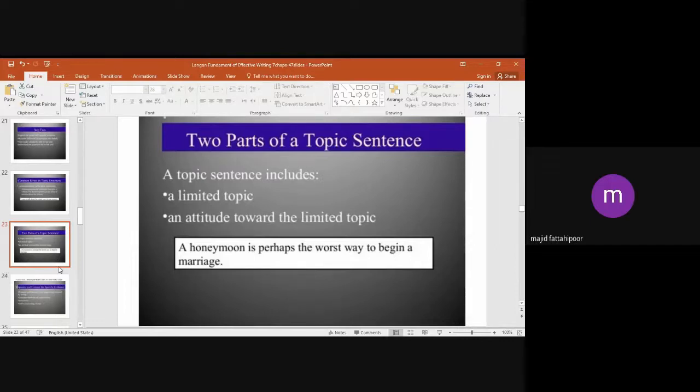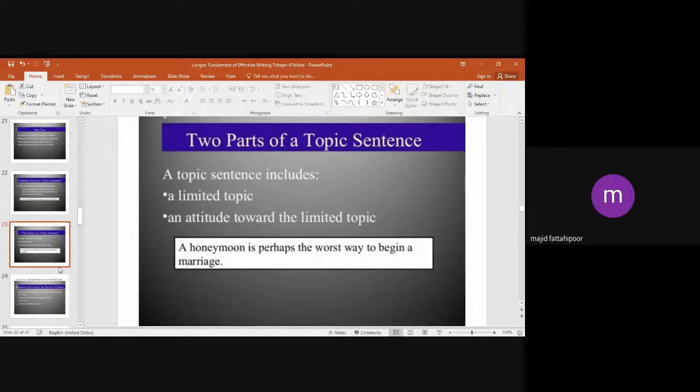Attitude means point, means idea, means the opinion we talked about. Okay? So here you can see a very good topic sentence, a very good one. A honeymoon is perhaps the worst way to begin a marriage. Okay, it should be very entertaining to read about that too, because it doesn't talk about all the marriage because it's too much.